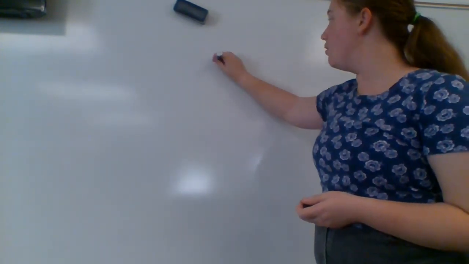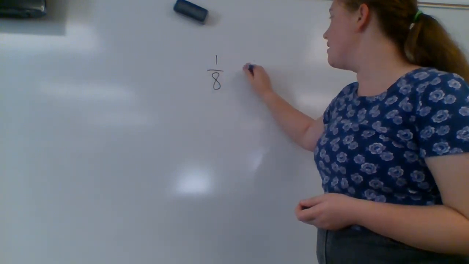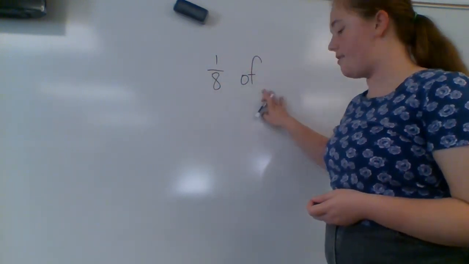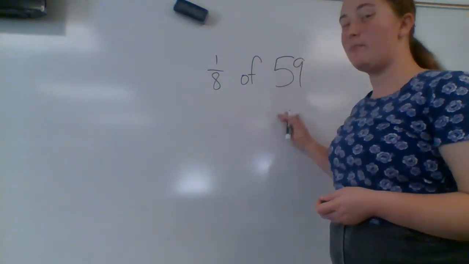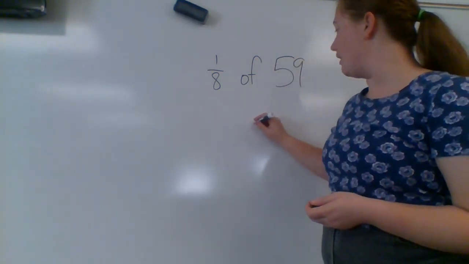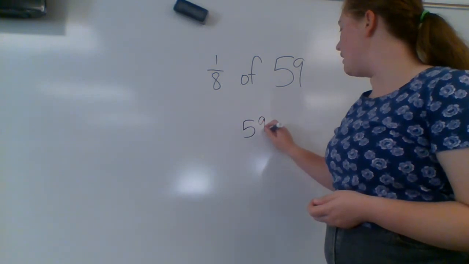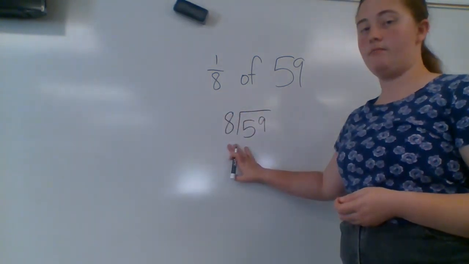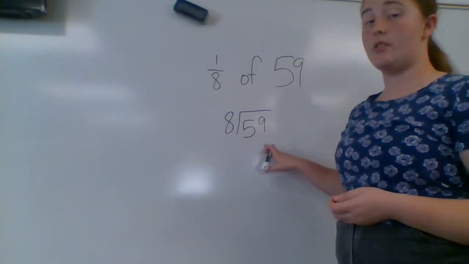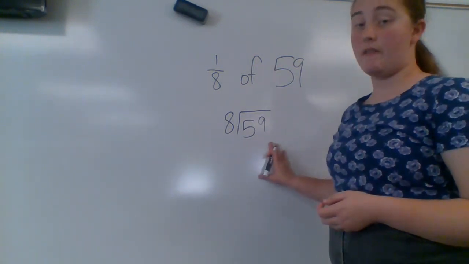Letter E, 1 over 8. So 1/8 of 59. Ooh, we're getting some bigger numbers here. Okay, 59 divided by 8. So now we're having to do this division right here. 8 will go into 59.